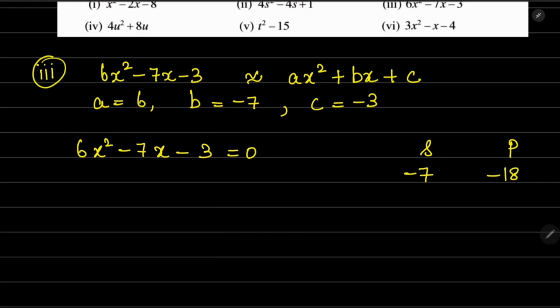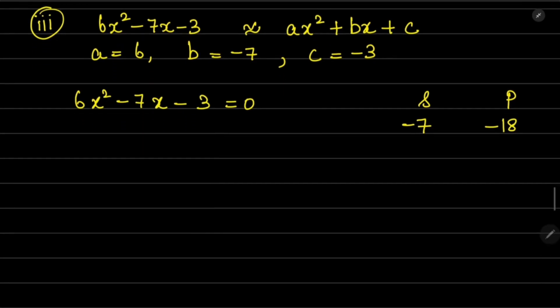Okay. So how do you find out the two values whose sum is minus 7 and whose product is minus 18? Take the prime factorization of 18. Okay, so here you say 2 nines are 18, again 3 and 3. Take multiple combinations. 3 into 2 is 6 and 3. 6 into 3 is 18, but 6 and 3 cannot be added up to get a sum of 7.